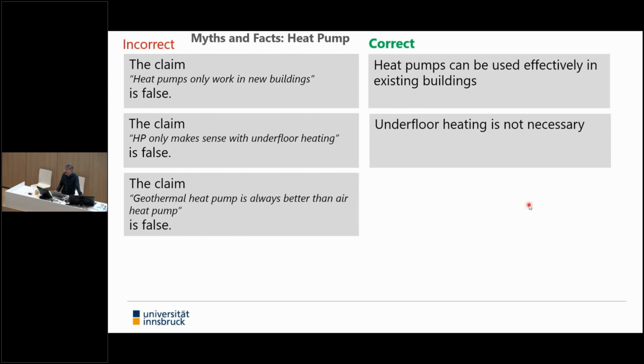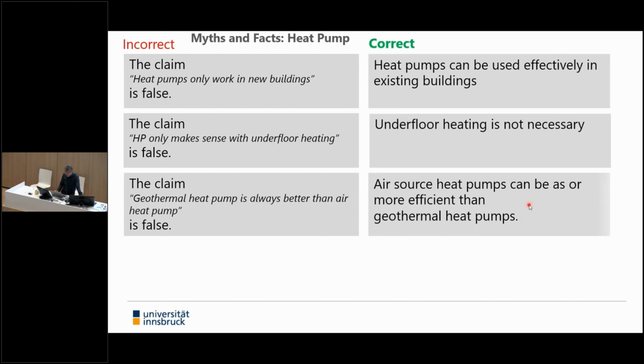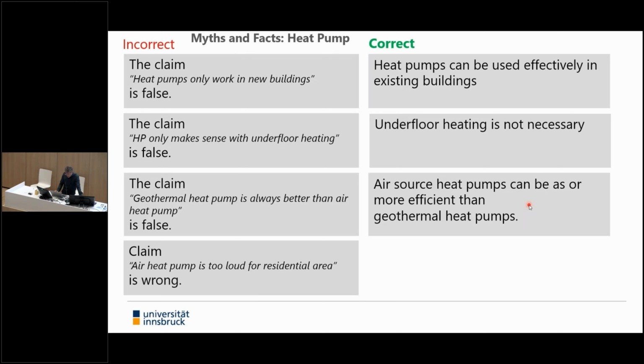Just think about summertime. If you want to produce domestic hot water, the ambient air is much better than ground source. Well, in wintertime it might be the other way around, but in summertime it could be better to do it with air heat. And the claim air heat pump is too loud for residential area is also wrong.